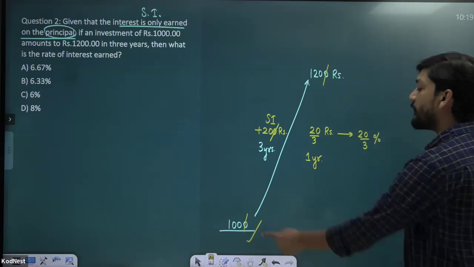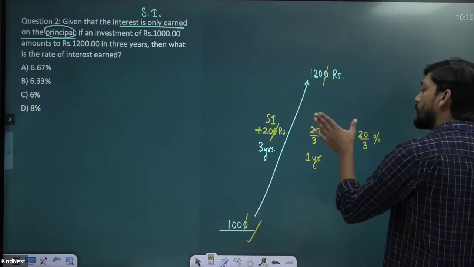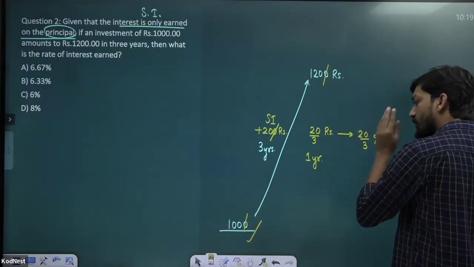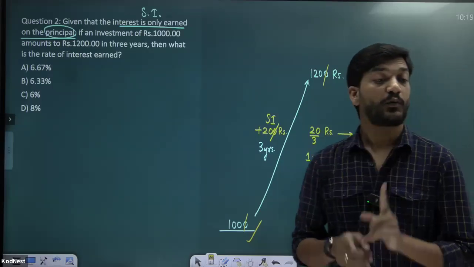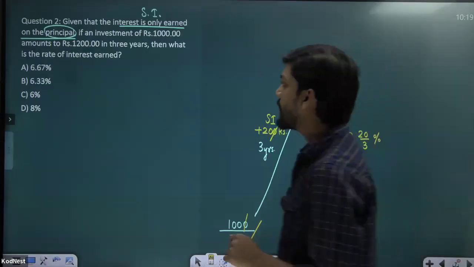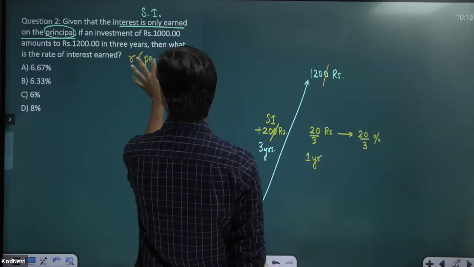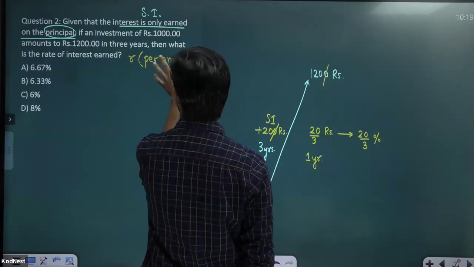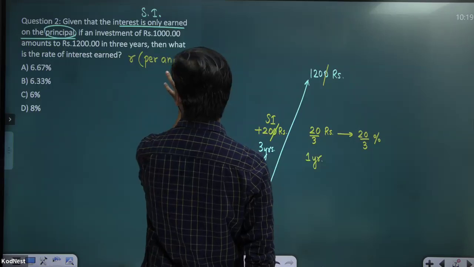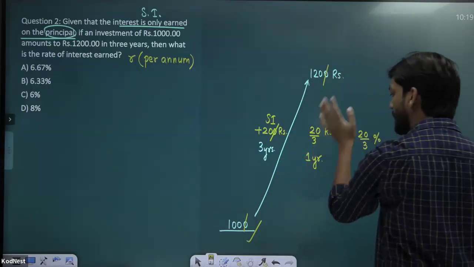The same way, if base value is 100, then 20 by 3 means 20 by 3% also. But why 1 year? Because rate of interest is always per annum. Per annum means per year. That's why time has to be 1 year.